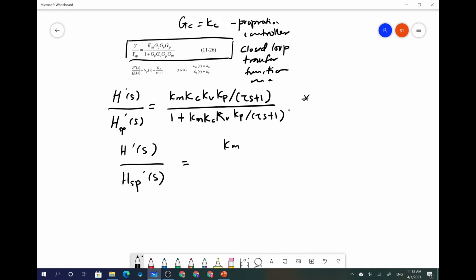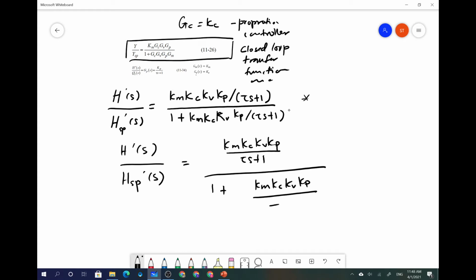I just want to write it in a form where you can differentiate the numerator and the denominator. Something like this: 1 plus KM KC KV Kp divided by tau s plus 1.